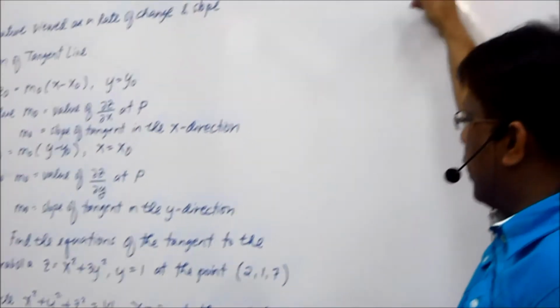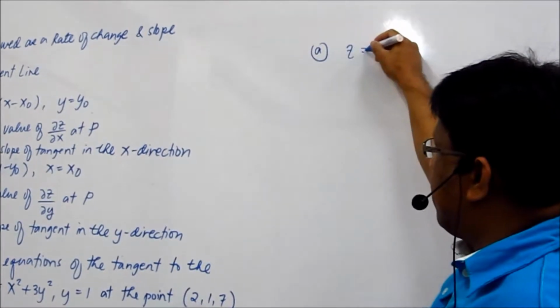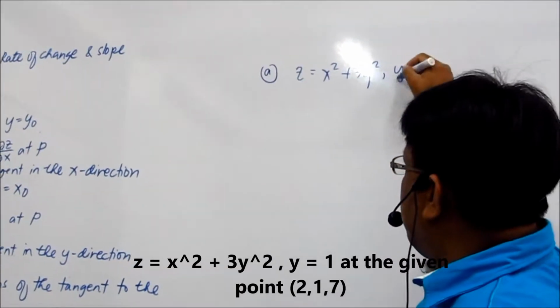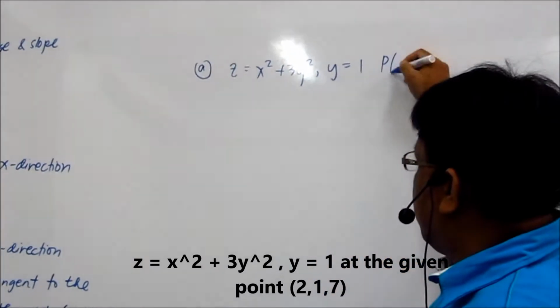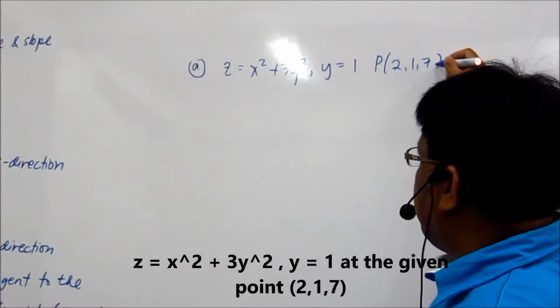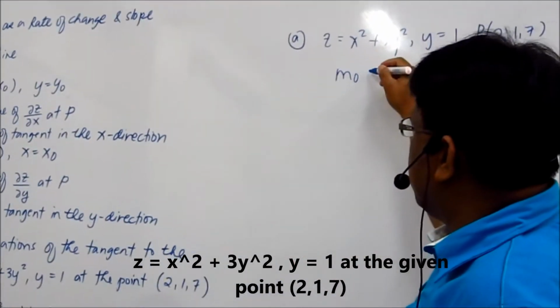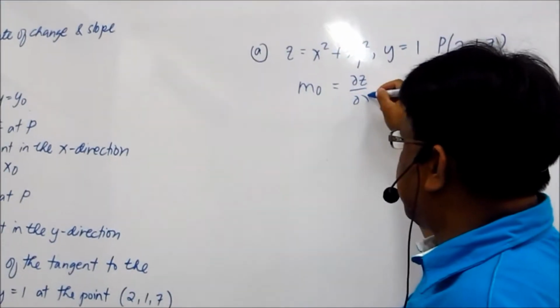So, again, let us have the function z equals x squared plus 3y squared, where we have the plane y equals 1 at the given point (2, 1, 7). Let us now define m sub 0. Here m sub 0 is the partial z with respect to x.